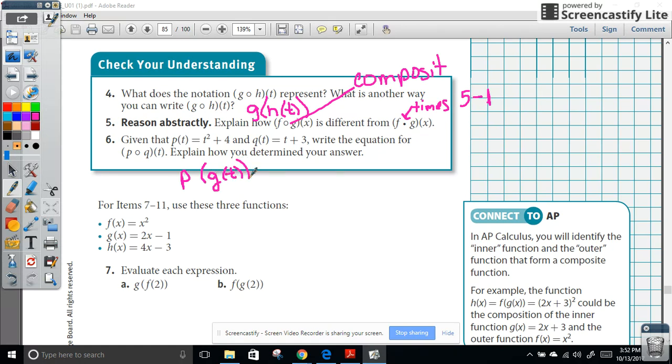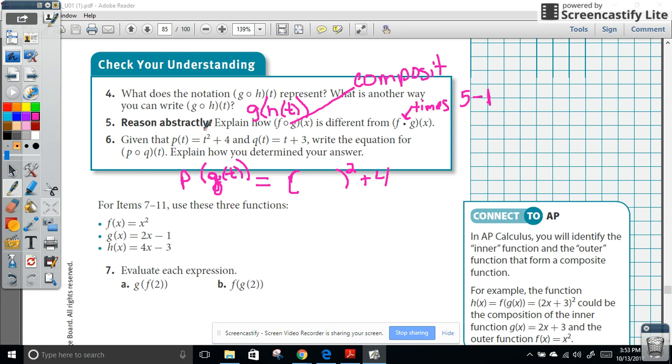The T function, plug the T into the Q function. Sorry, that's a Q, not a G. That's a Q. And then we're going to take that function and plug it into the P. Okay, so the P function is the main one. The P function is something squared plus 4.